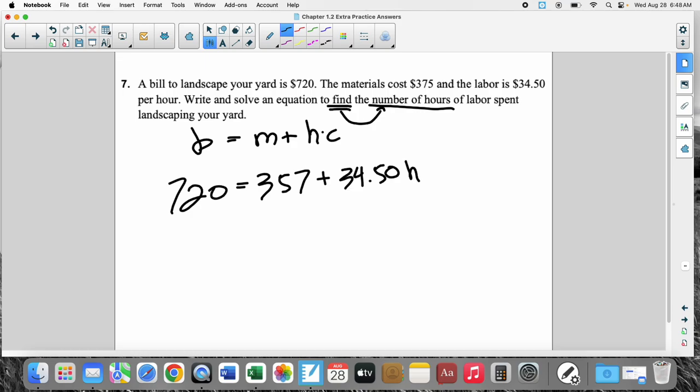So for every hour I have to pay $34.50 for the work to be done, and then I also have the $357 as my material cost, and that total will equal $720. So it looks very similar to the first 6 problems.